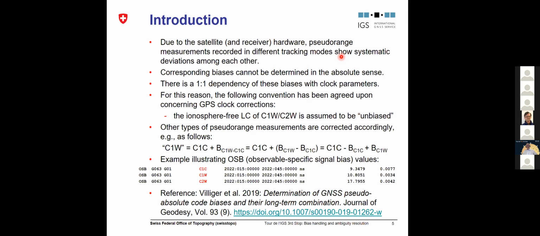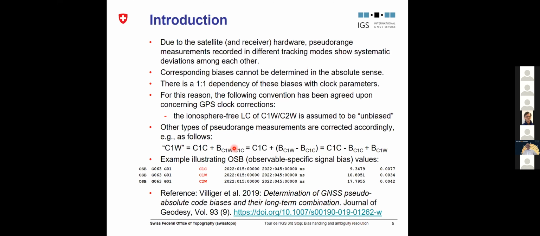So the ionosphere-free linear combination of C1W, C2W is assumed to be unbiased or error-free. And therefore other types of pseudo-range measurements are corrected accordingly, for example, as follows. So you have the C1C observation and you would like to make that consistent to C1W.